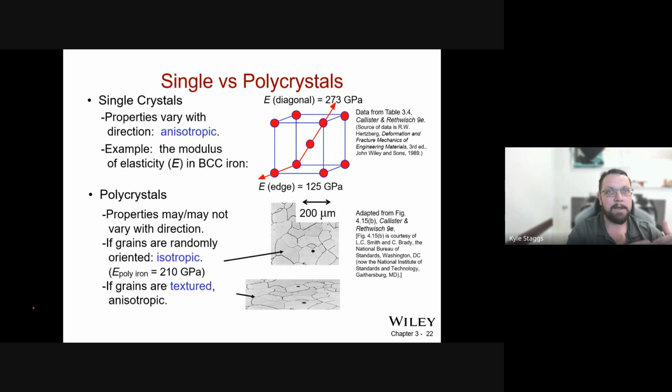I'm going to say that again and try to say it slowly enough that you grasp it. The grain size and orientation relative to the design load and end application is critically important in materials.